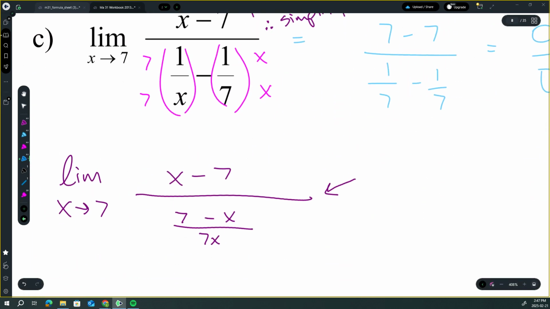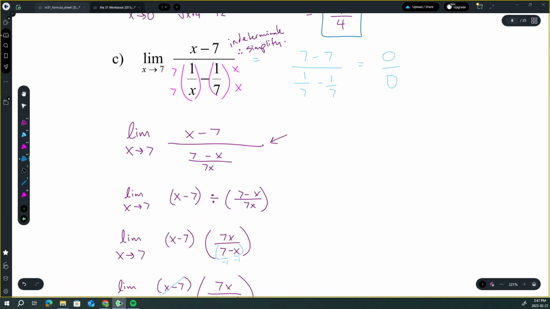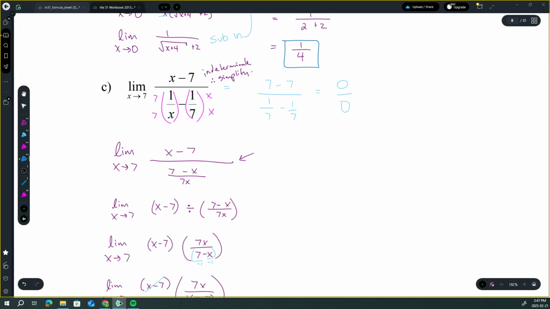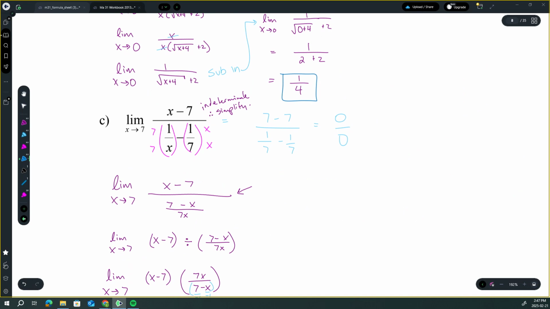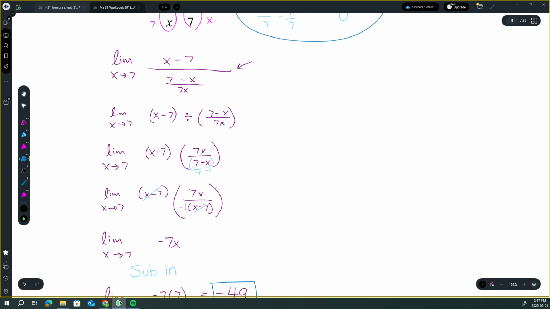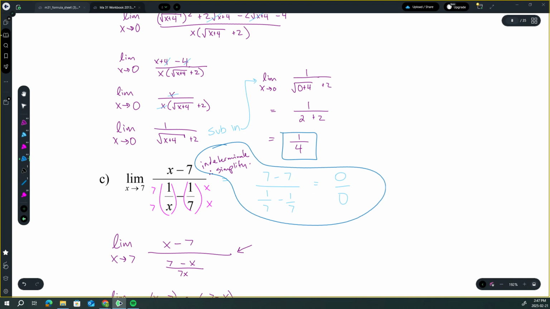If you go ahead with these steps, I am assuming that you know that something is indeterminate. So basically, if you did exactly what I did, but you didn't write any of this stuff here, that's okay, so long as you simplify correctly, and then you substitute in at the end. That is okay.